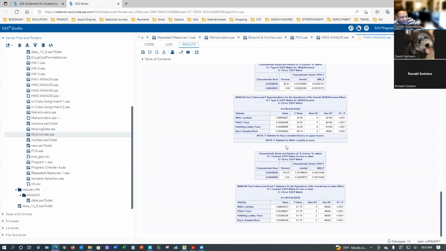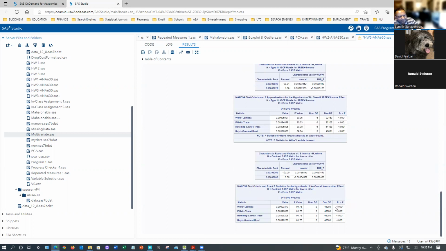Oh, sorry, this is the contrast. I'm sorry, I'm at the right place. See, okay, contrast. Percentages, PMI, PF, this characteristics vector. So this one is for the contrast. Wilks lambda for contrast.